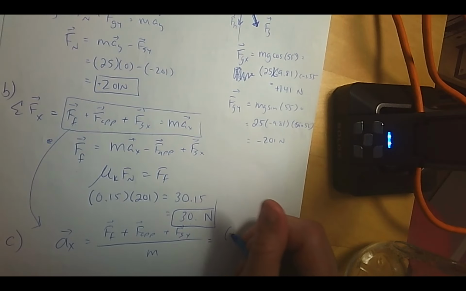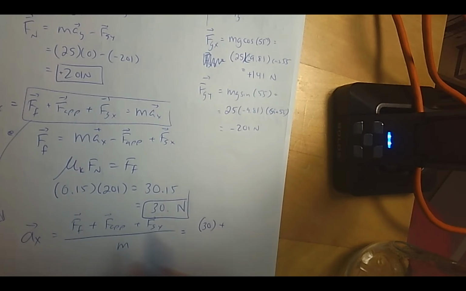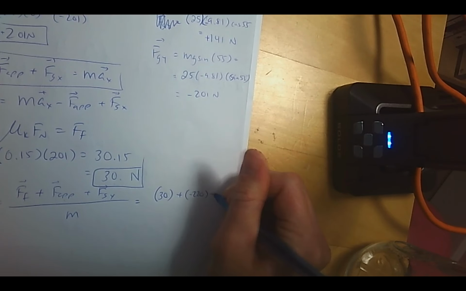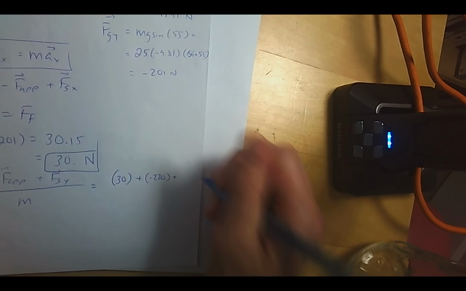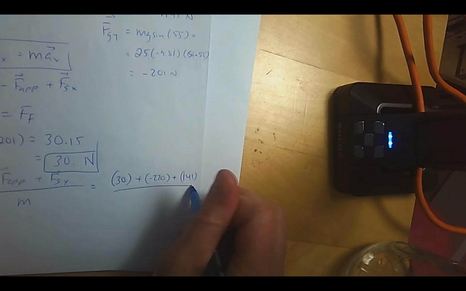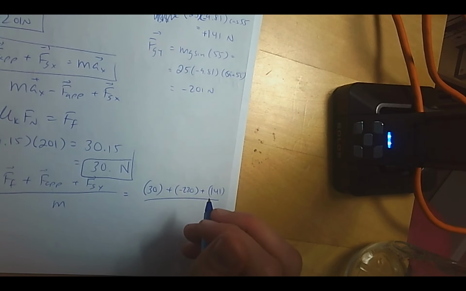So friction for me was positive 30 newtons plus my applied force is 220 newtons, but it's actually negative for me. It's pointed left. So I have negative 220, and then the x component of gravity is 141. And I'm dividing that all by my mass, which is 25.